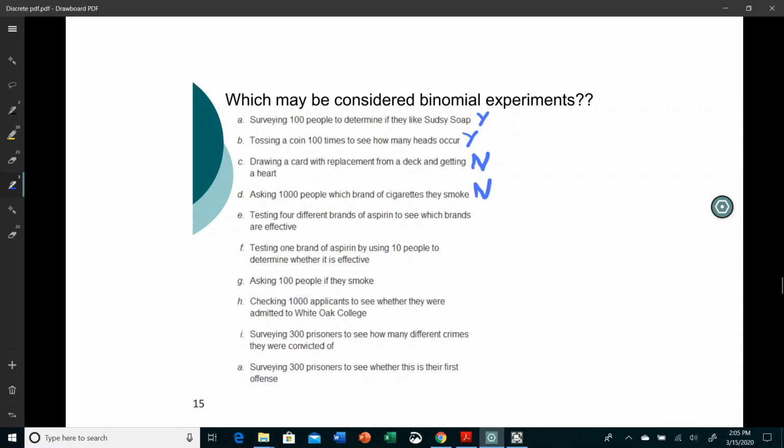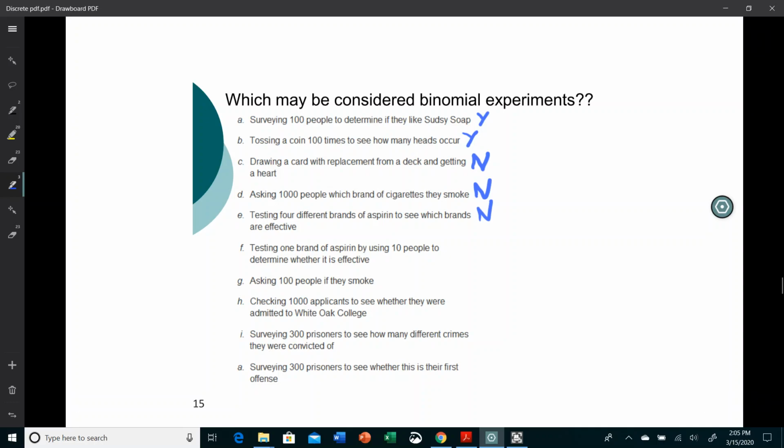Oh, but independence. Well, these are different brands. The probability is not necessarily the same from trial to trial because we have different brands. So we don't have independence, and we don't have the probabilities the same necessarily from one trial to the next. So I'm going to go with no on this one.